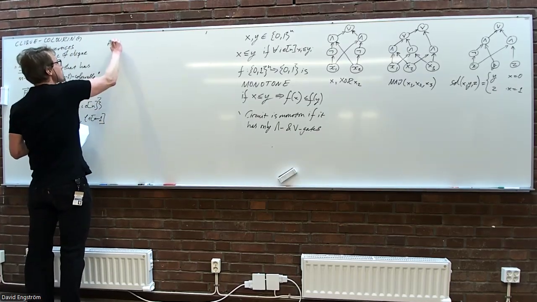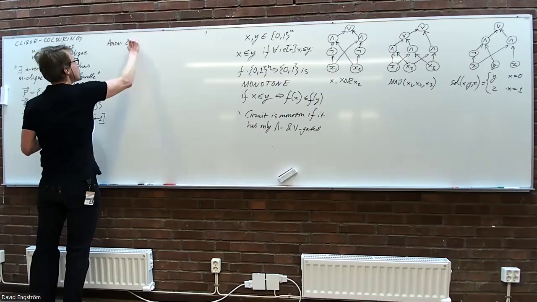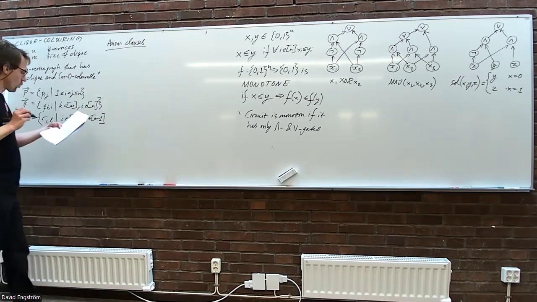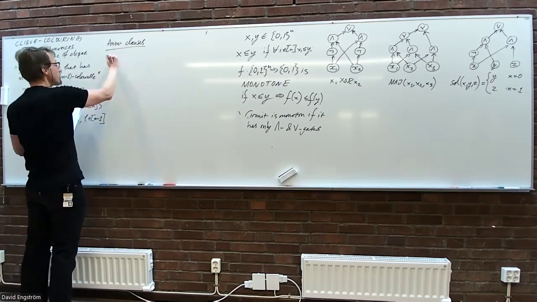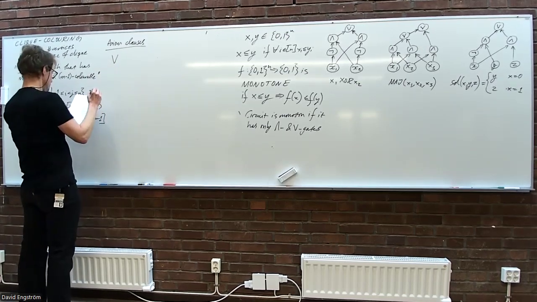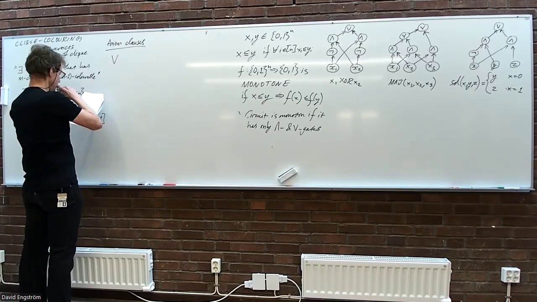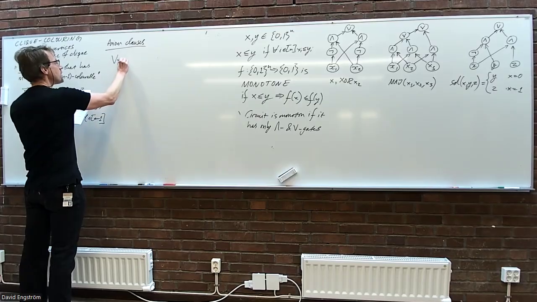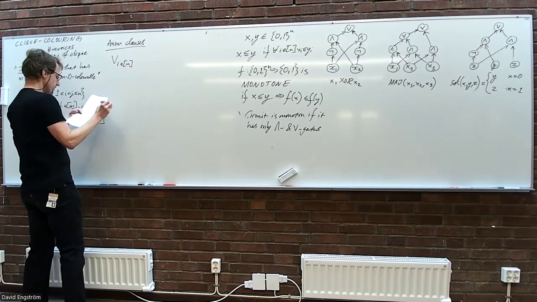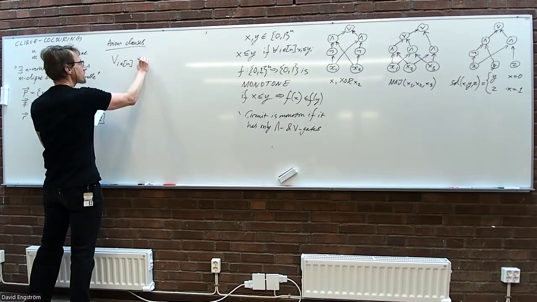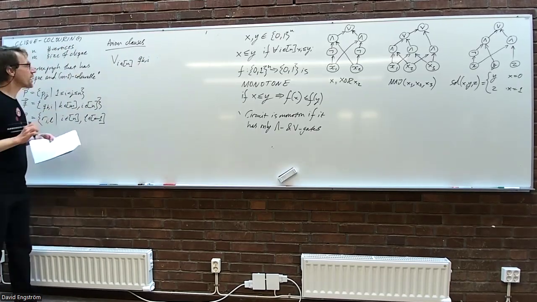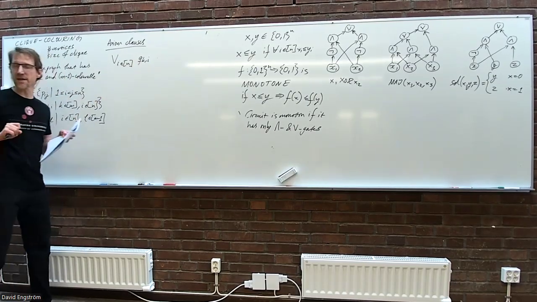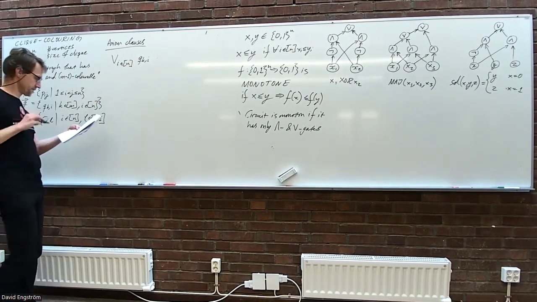So what are the clauses in my formula? Well, they're going to be the following. For every k from 1 to n, I will say that there is a kth clique member. So for every k, a big OR over all the vertices, some vertex is the kth clique member.